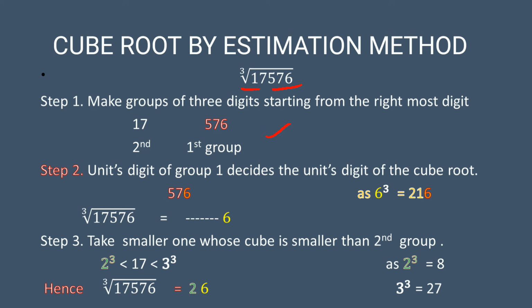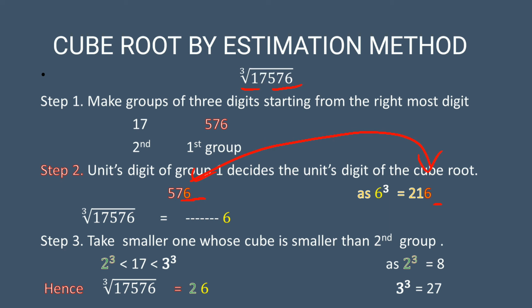Now in the second step, you will observe the unit digit of the first group. Here 6 is the unit digit, and now you will observe the pattern of cubes of the numbers and find the unit digit that is the same as the unit digit in the first group.